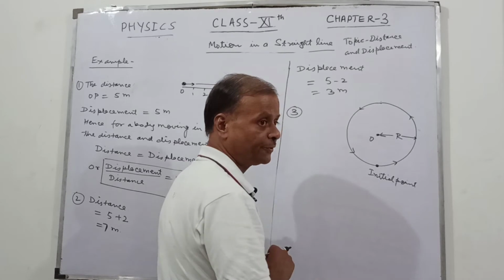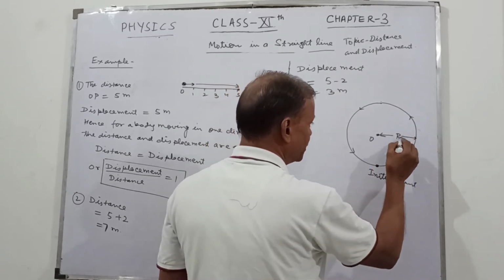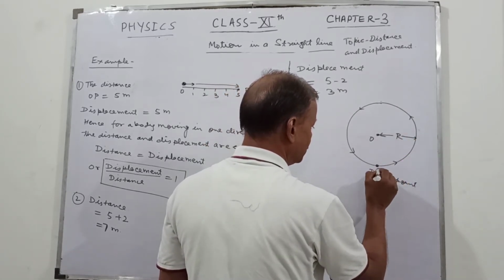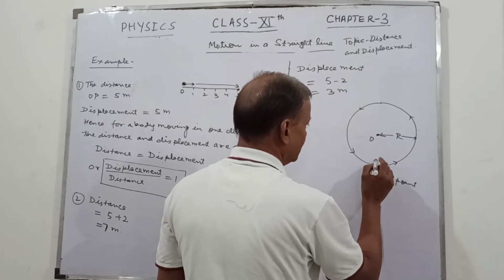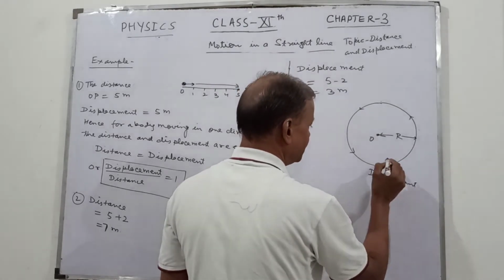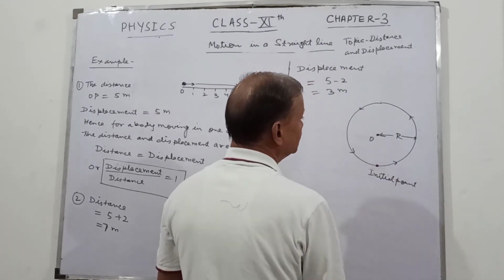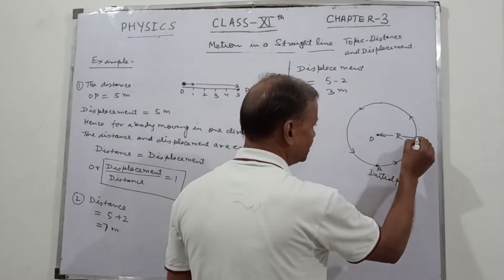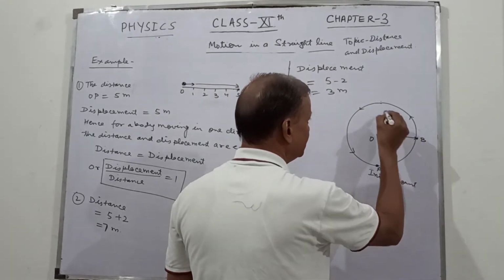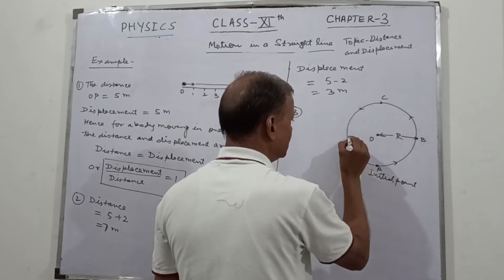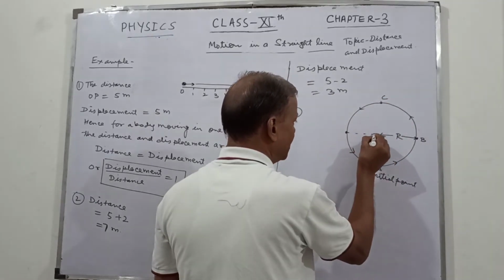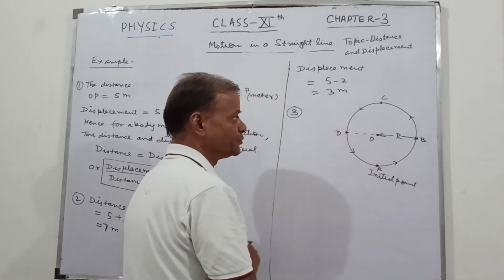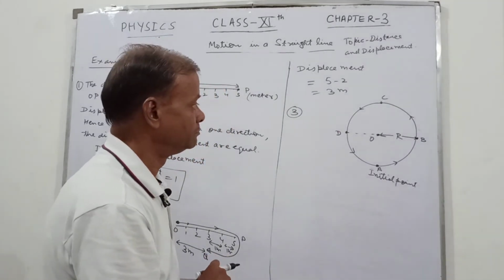I take the different points. This is P, this is point A, here point B, here point C, here point D. I am taking different situations, but they are standard ones.